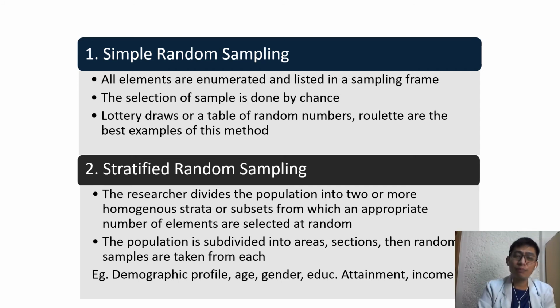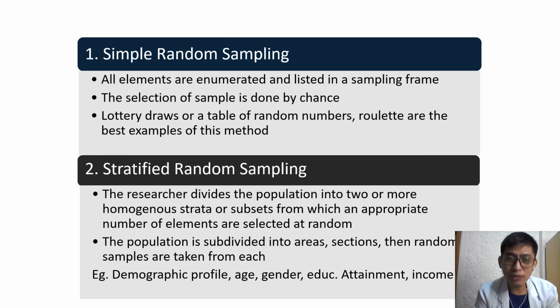We have simple random sampling and stratified random sampling. In simple random sampling, all elements are enumerated and listed in a sampling frame. The selection of the sample is done by chance. Lottery draws, table of random numbers, roulette, are the best examples of this method.